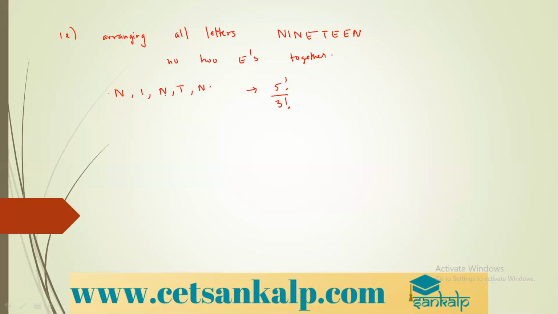Now because E's are not to be together, there are 6 places for E's, but there are 3 E's. So from these 6 places we have to select 3 for the E's. This is the total number of ways we can do it.